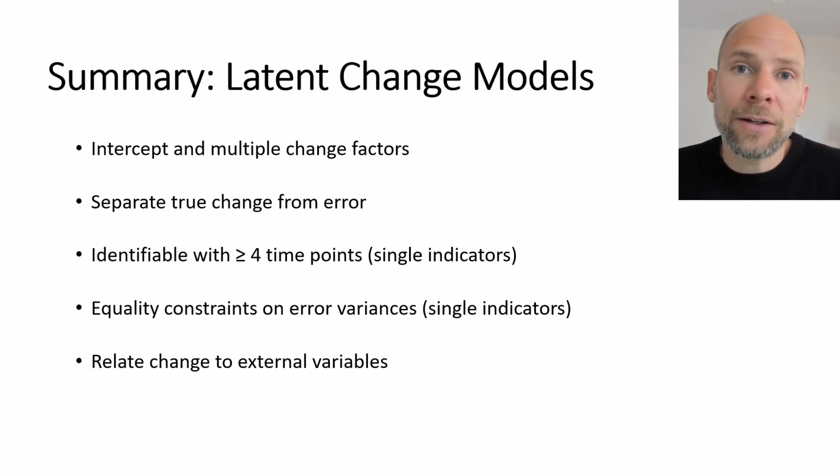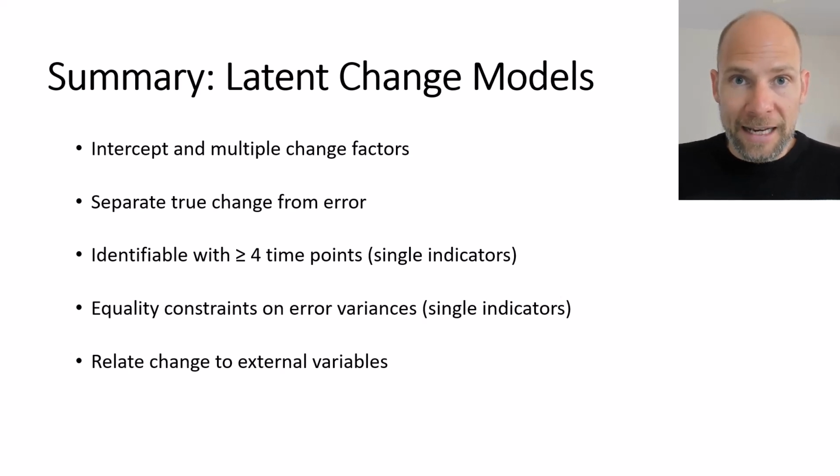Like in latent growth curve models, in latent change models, you can relate the factors to external variables to predict change across time, for example. So for example, you might be interested in explaining why did some children change more with regard to their SAT scores than others. So what determines that? Is it, for example, the type of schooling or other variables?